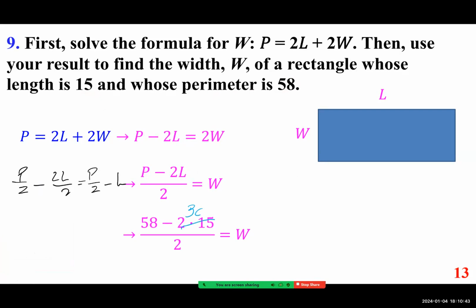This is 30. 58 minus 30 is 28, divided by 2. The width becomes 14. Pretty straightforward.